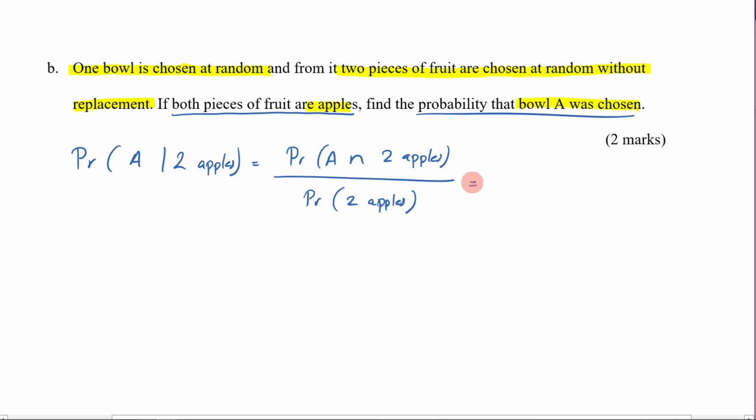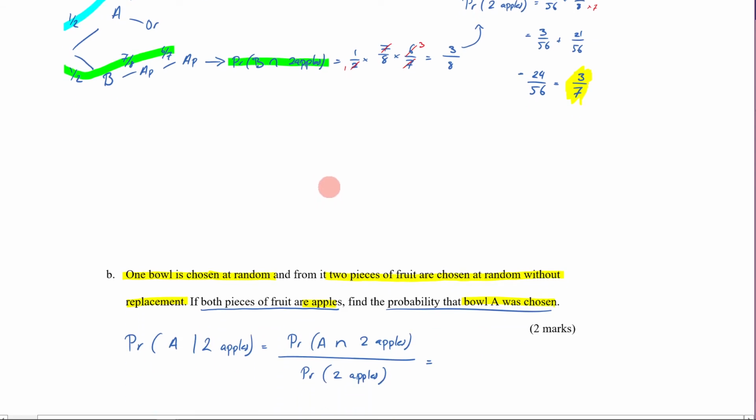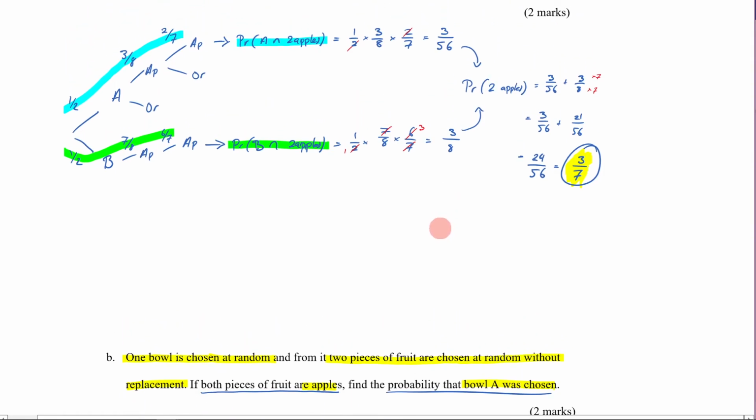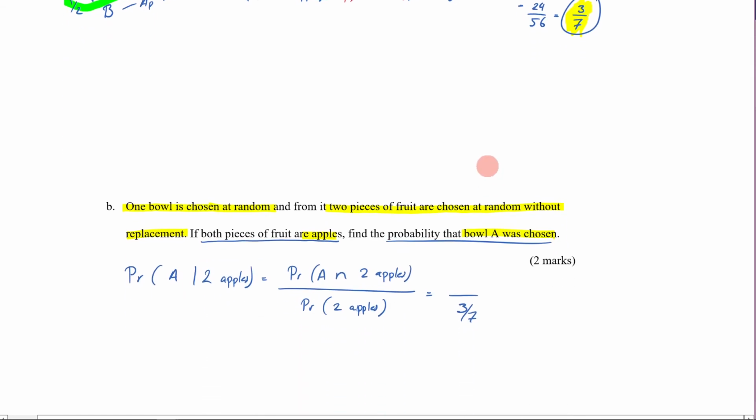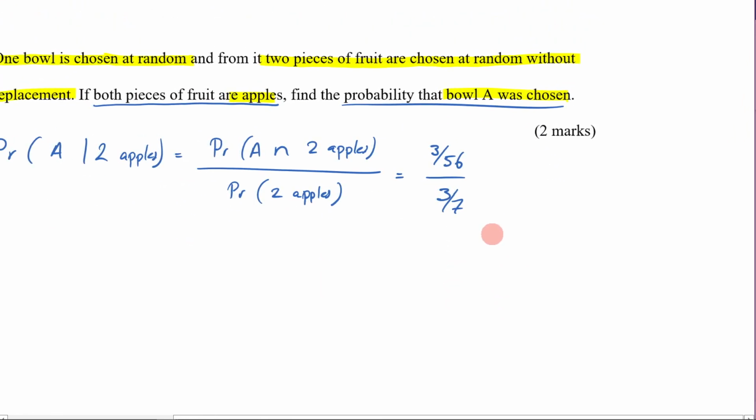Now, this is where you should be able to look back on what you've done and say, I know the probability of getting 2 apples out is 3 on 7. I also know the probability of A intersection of 2 apples is 3 on 56. That means I can simply go 3 on 56 times, stay, change, flip.